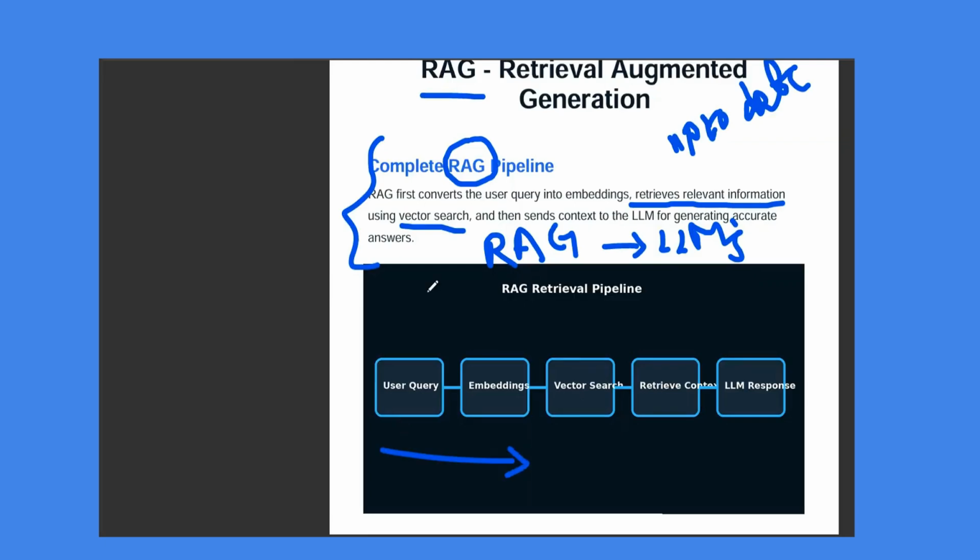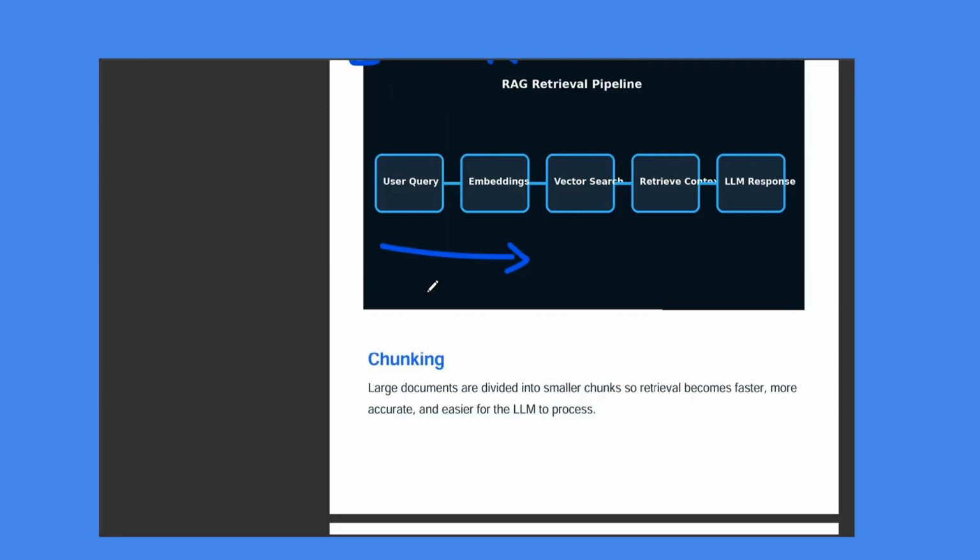RAG mainly has two parts: the data ingestion pipeline and the retrieval pipeline.